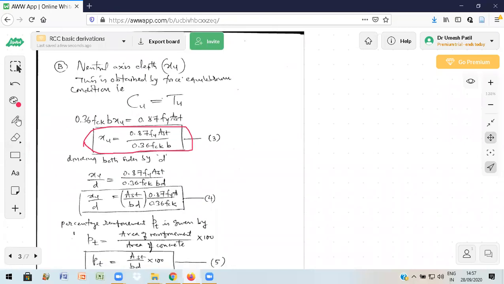So I'll start with this diagram. Just see here. I'll draw one line here.